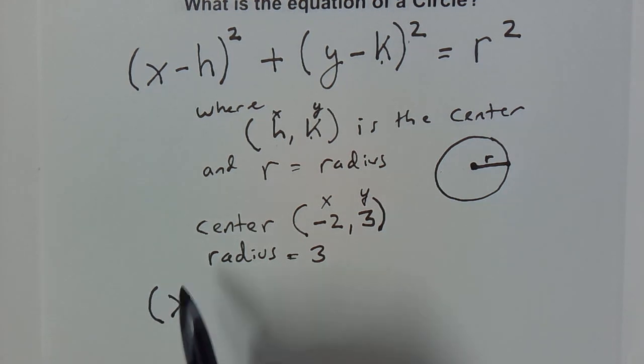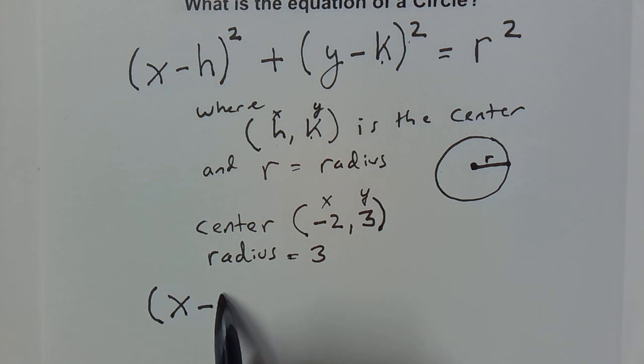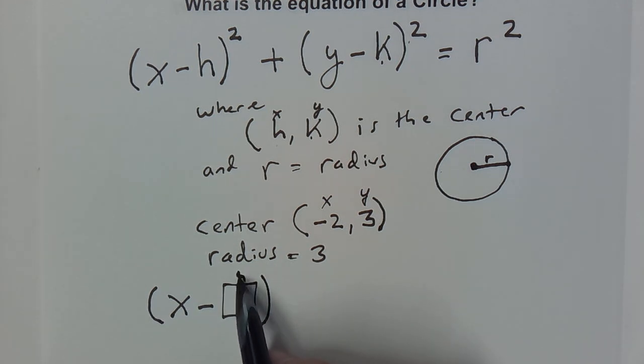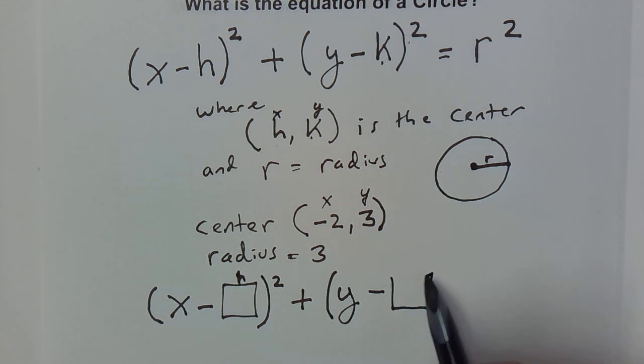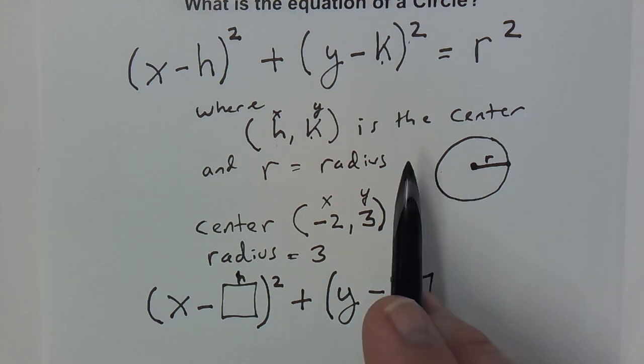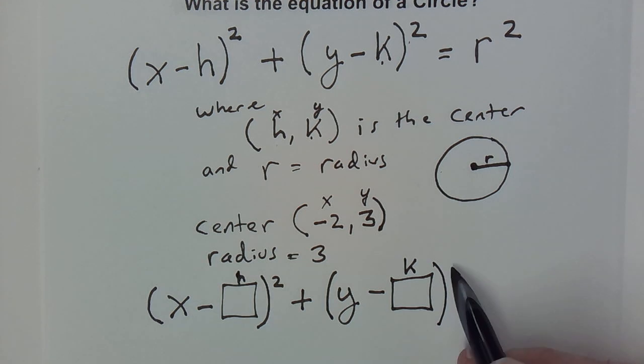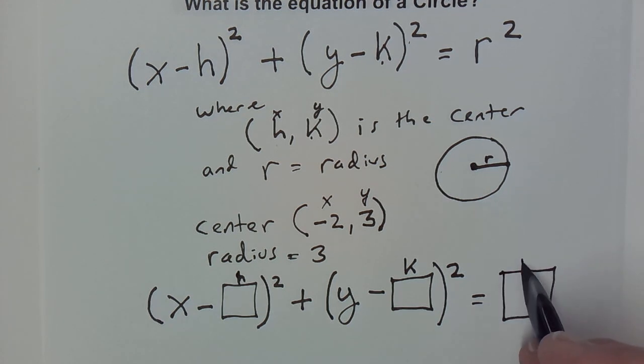So we have x minus a number here, that is going to be our h, and that is squared, plus (y minus a number), that's going to be our k, equals a box here, that's our radius, and that is also squared.